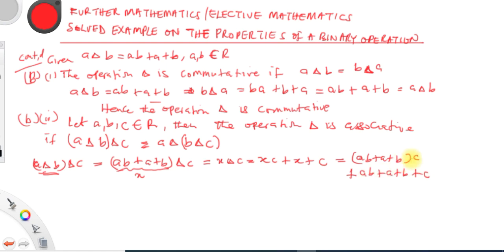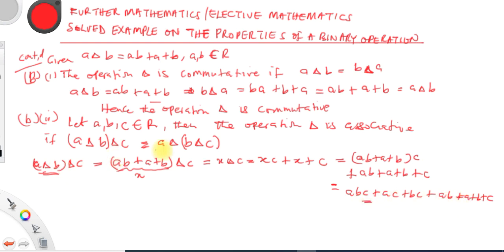You can leave this if you like, or you can expand. If you expand, you get ABC plus AC plus BC, then plus AB plus A plus B plus C. Do we have any common terms to add? No. So this is the answer we get.